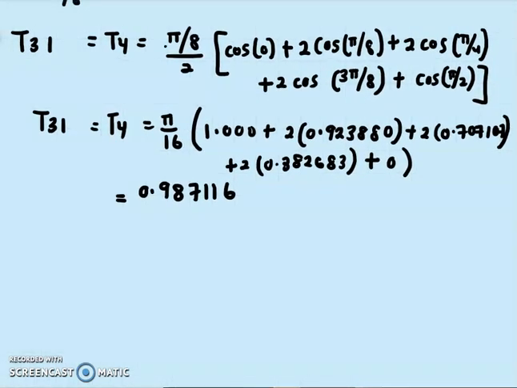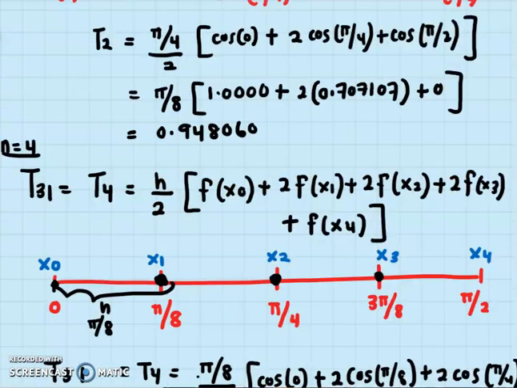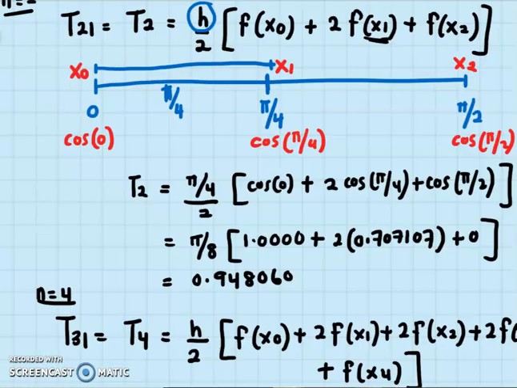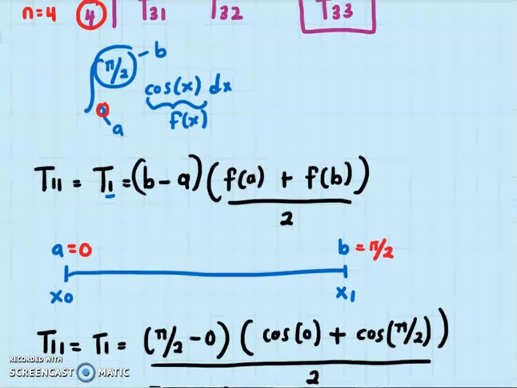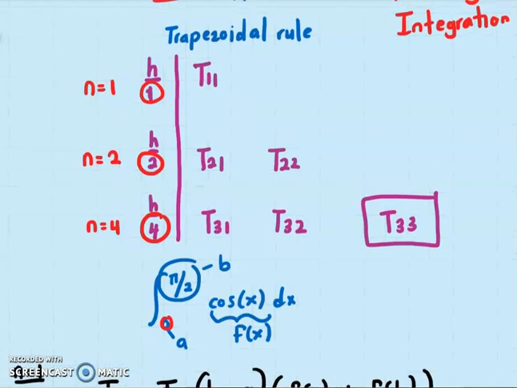So what happened? We have obtained the table, the experimentation. Now what you want to find is T22. You have obtained all these values here: T11, T21, T31.